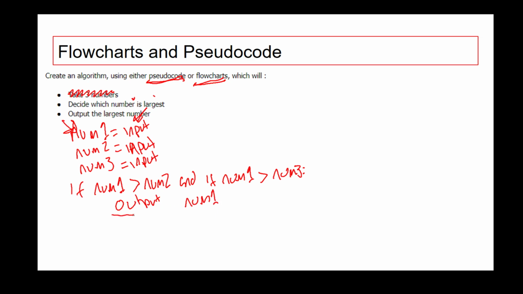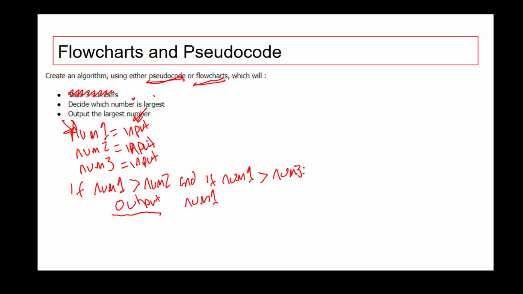Remember, we're using the term output here because print, which most people would originally use, could be command line or programming language specific. So output is a generalist pseudocode term for displaying things. So you can see where we're going to go with the other if statements, and then we've got the output, the largest number, that bit there, that's sorted out.